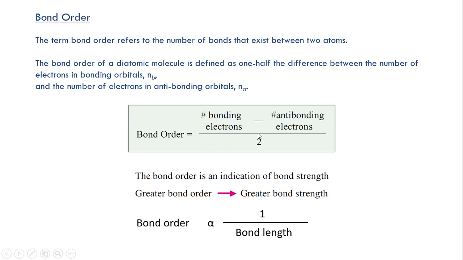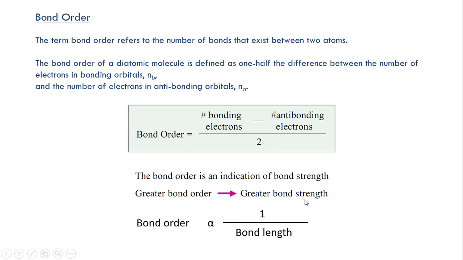The number of electrons present in the bonding molecular orbitals minus the number of electrons present in the anti-bonding orbitals, divided by 2, will give the bond order. So that will give the number of bonds. If the bond order is more, it has greater strength.